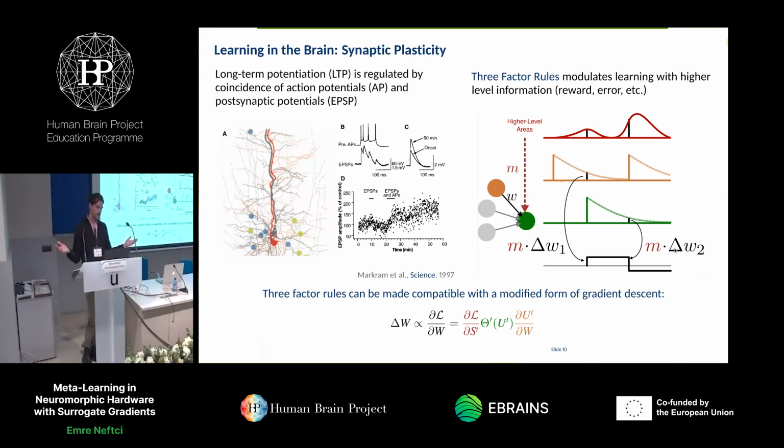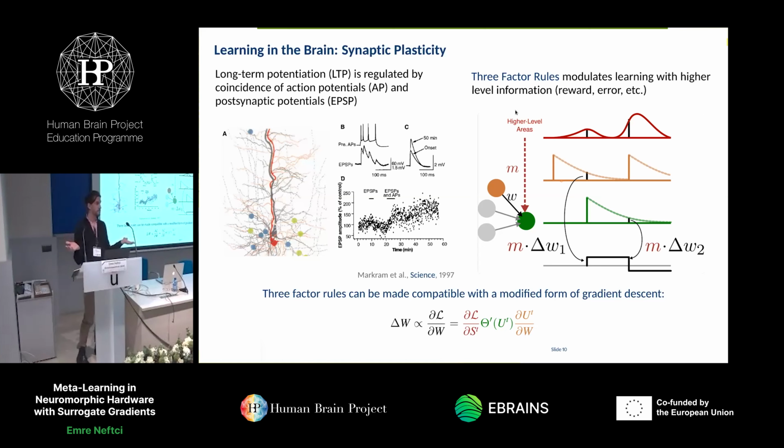So now you can see our gradient-based rule really corresponds. This green term is like this postsynaptic term here. This orange term here is the presynaptic trace. It's exactly the presynaptic trace. And this red term here is this kind of magical higher level input.